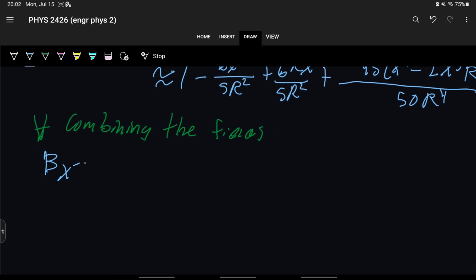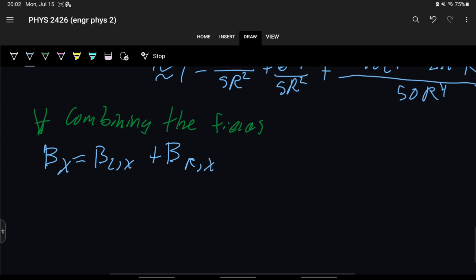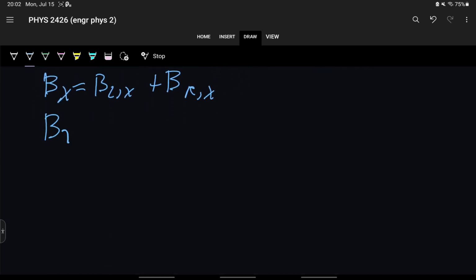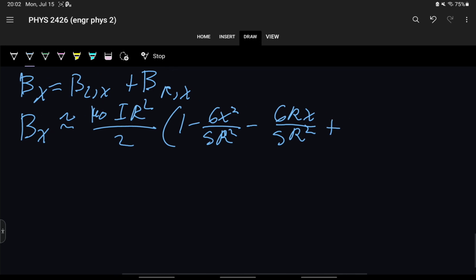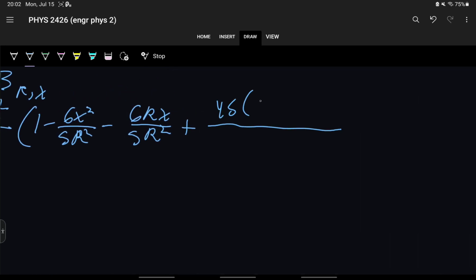So we're going to have b sub x is equal to b underscore l,x plus b underscore r,x. And we can go ahead and write b sub x is similar to mu sub 0 times I times r squared, all divided by 2, multiplied by 1 minus 6x squared, all divided by 5r squared, minus 6 times r times x, all divided by 5r squared, plus 45, that should be x to the 4th, plus 2x cubed times r plus x squared times r squared.